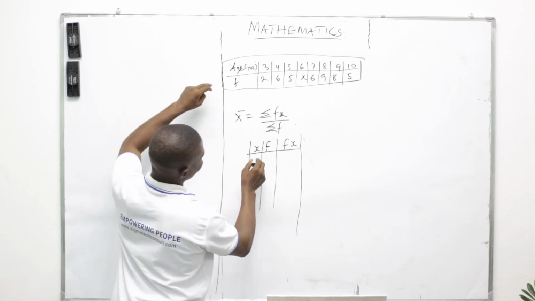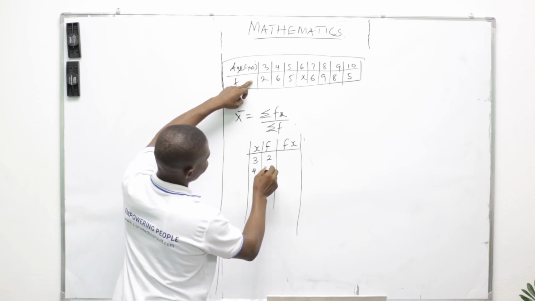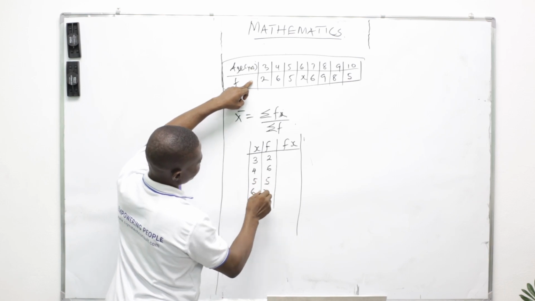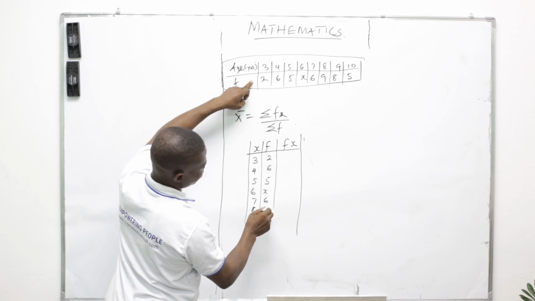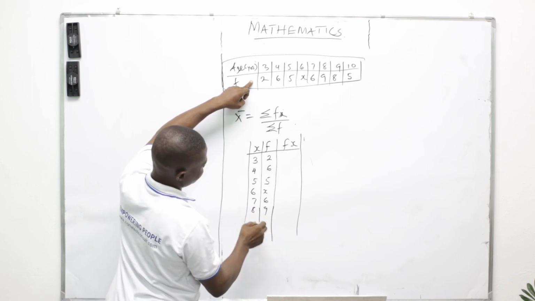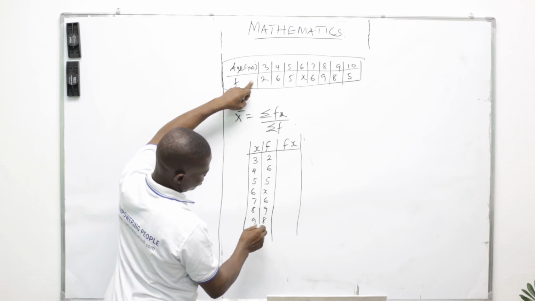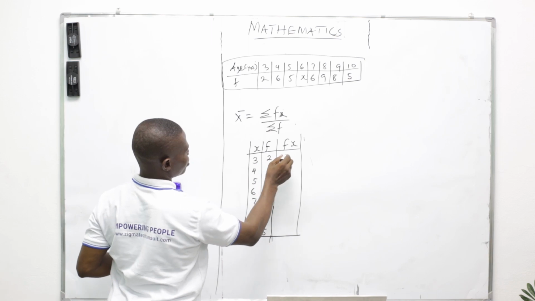If we have, this is 3 against 2, this is 4 against 6, 5 against 5, 6 against x, 7 against 6, 8 and 9, 9 against 8, then 10, so it's 5. 2 times 3, 6.